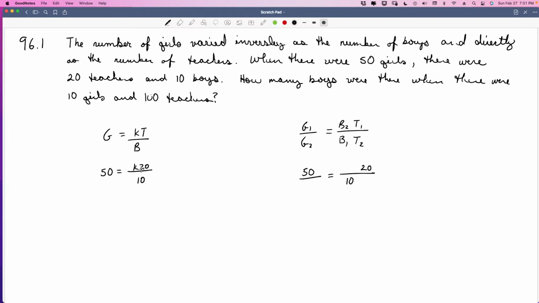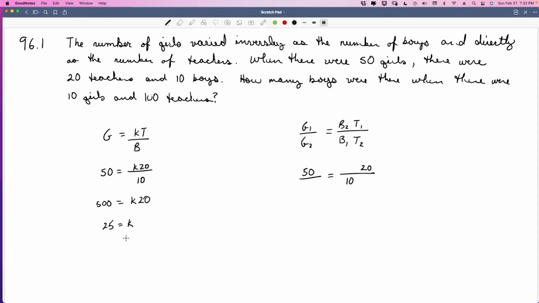We have to solve this first and come up with our constant or our scale factor. Fairly easily, we multiply both sides by 10. This times 10 is 500. This times 10 just eliminates the denominator, so K times 20. We divide both sides by 20, and we get a constant of 25.